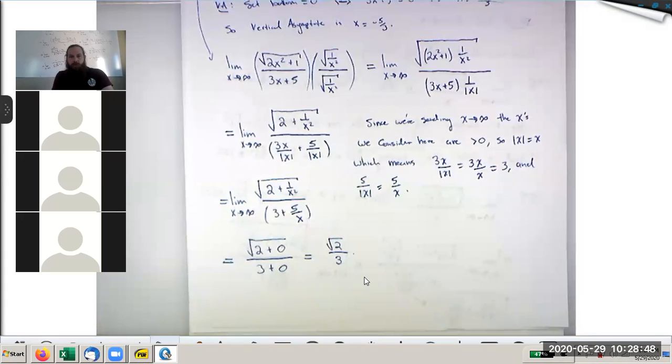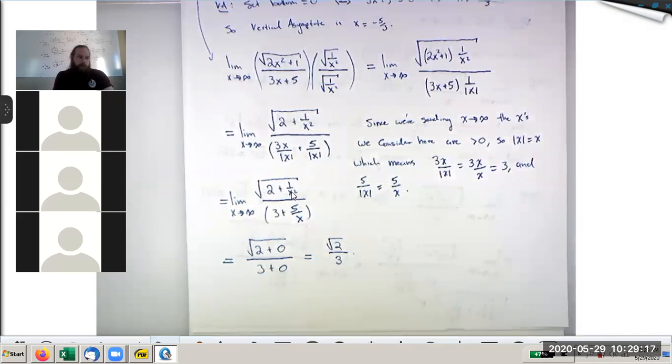Okay, so this is essentially the same problem that we did last time, only different is that I'm treating the absolute value of x term with the carefulness that it really deserves. It didn't end up making an impact here because I'm sending x to plus infinity, but I'm hoping that doing it this way for the plus infinity limit will help you see why we do it this way for the minus infinity limit.